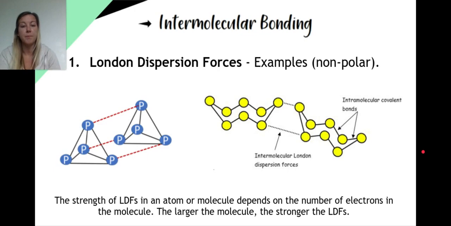Now, they are going to have many more electrons than the phosphorus atoms do. So the general rule of thumb is if you increase the size of a molecule, you are increasing the number of electrons in that molecule, and therefore the London dispersion forces are going to be stronger.